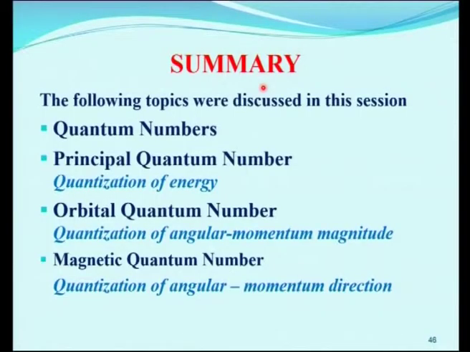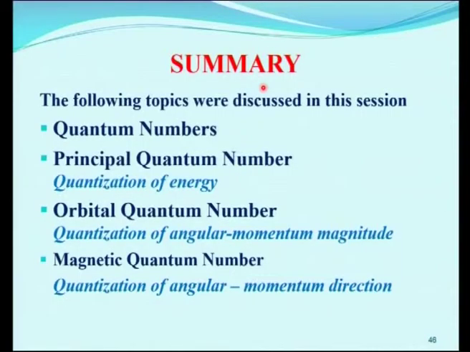Now, let us summarize the topics we have seen in this session. Starting from the quantum numbers, we have derived the quantum numbers based on the quantum theory of the hydrogen atom, as well as the separation of variables, r, theta, phi. Different quantum numbers we have seen: the principal quantum number explained quantization of energy.